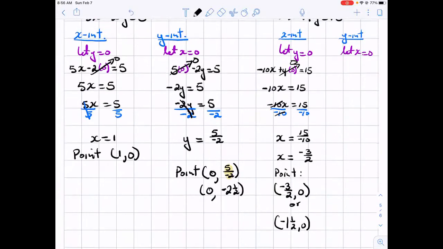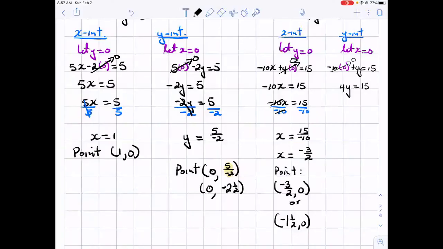Now, to find the y-intercept, x has to be 0. So we have minus 10 times 0, plus 4y, equals 15. Minus 10 times 0 is 0. That leaves me with 4y is equal to 15. Now to get y by itself, I will divide both sides by 4.